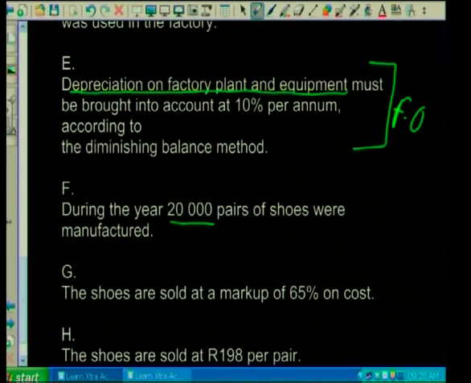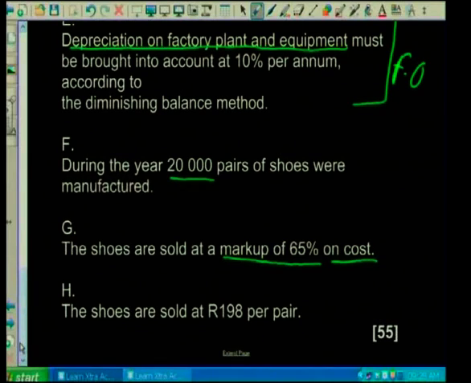Adjustment G, the shoes are sold at a markup of 65% on cost. I'm going to underline that because I might need that info. And then the very last bit of information, H, the shoes are sold at 198 Rand per pair. And I'm going to make a note here, it's sold at 198 Rand, which means this is obviously my selling price.